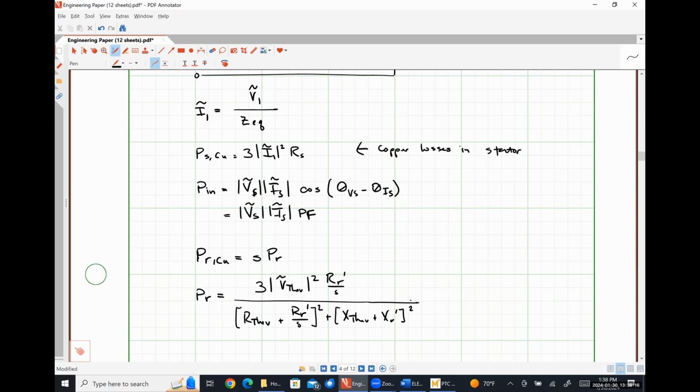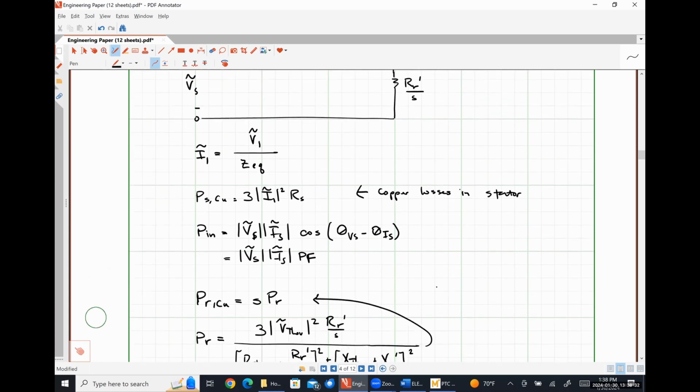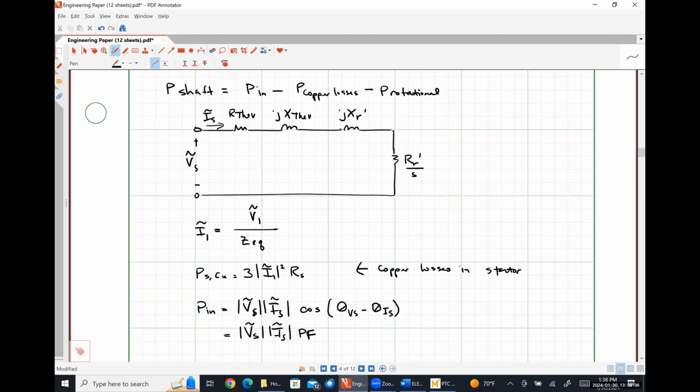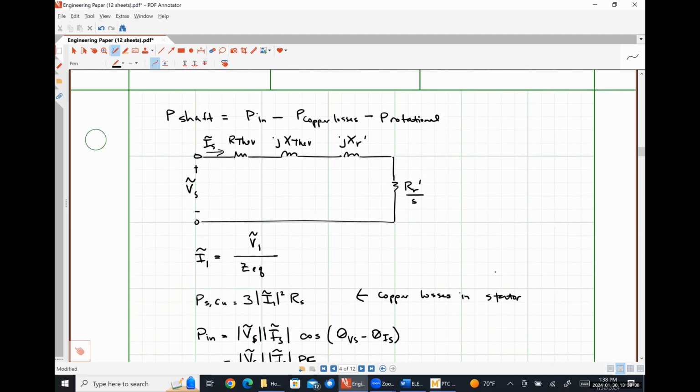So if we solve for the total power delivered to our rotor, we can plug that in here, giving us our rotor copper losses. And then we can add our rotor copper losses and our stator copper losses together, add the rotational losses to that, subtract those from our input power, and we have our shaft power, which is what we were looking for.